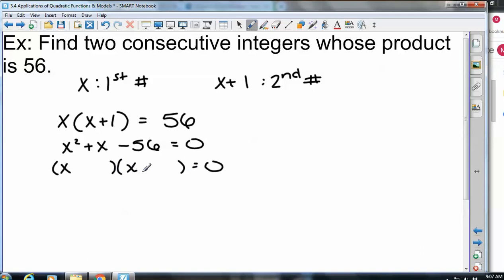What two numbers multiply to negative 56 and add to positive 1? Negative 7. Positive 8. Set each one to 0.